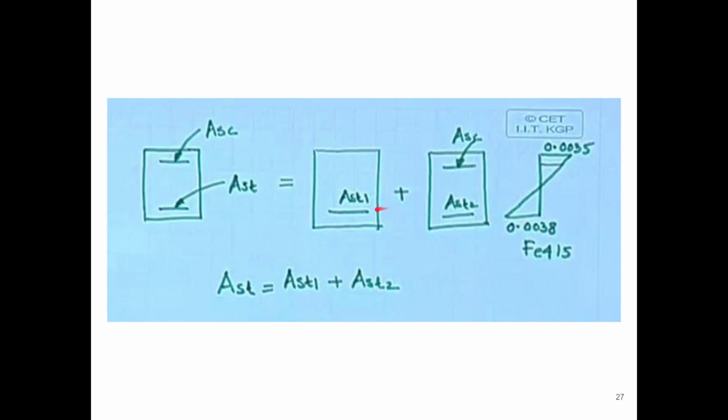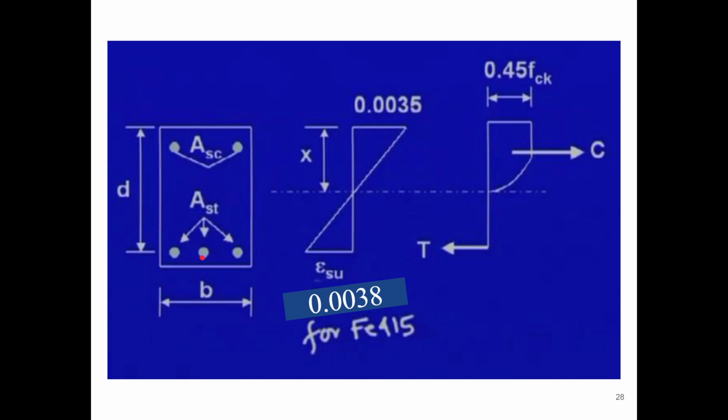Here, the total area of steel in tension is Ast1 plus Ast2, right? So if you draw the section, it will look something like this. Ast is equal to Ast1 plus Ast2, and it will also have area of steel in compression, which may be lesser because it is in the compression zone.